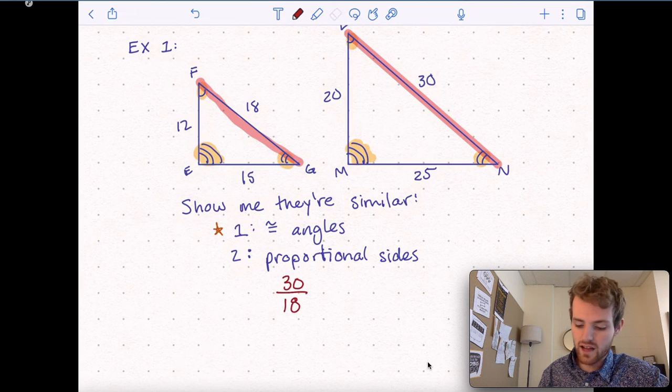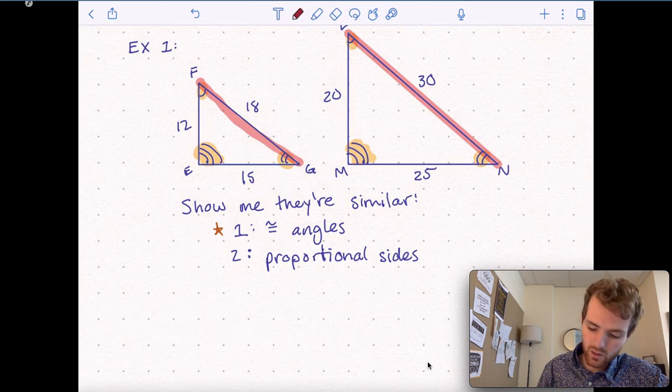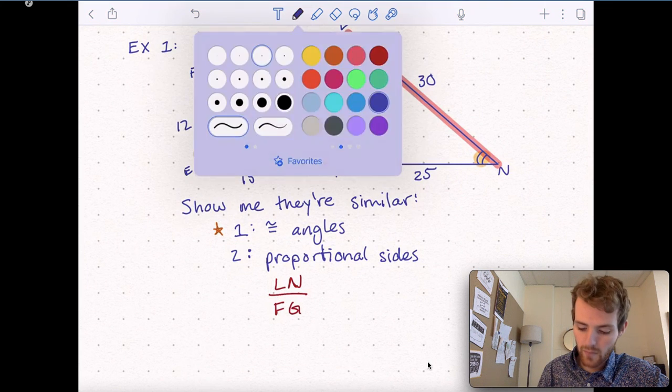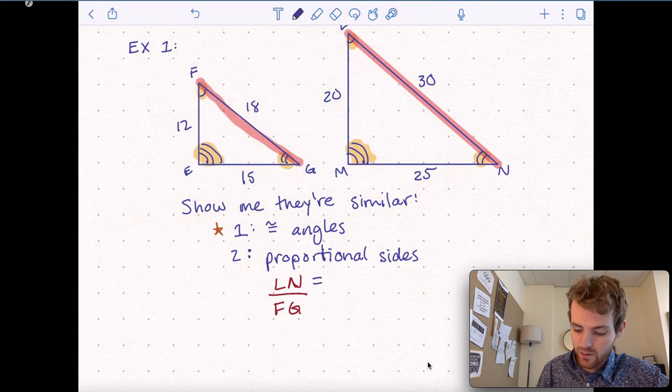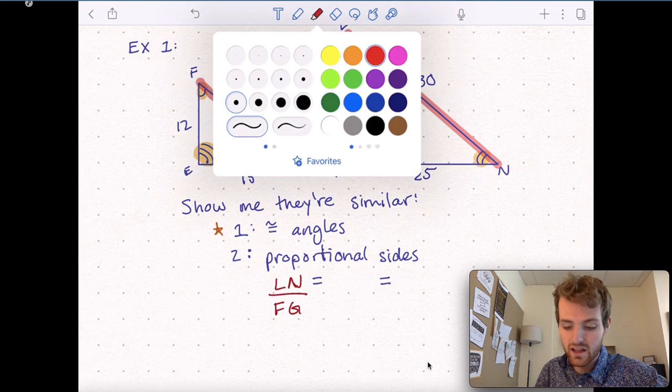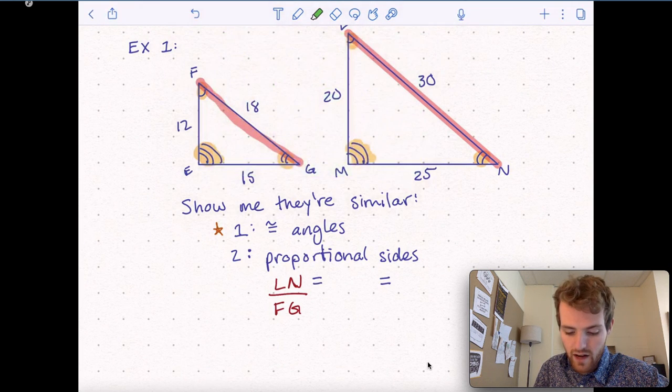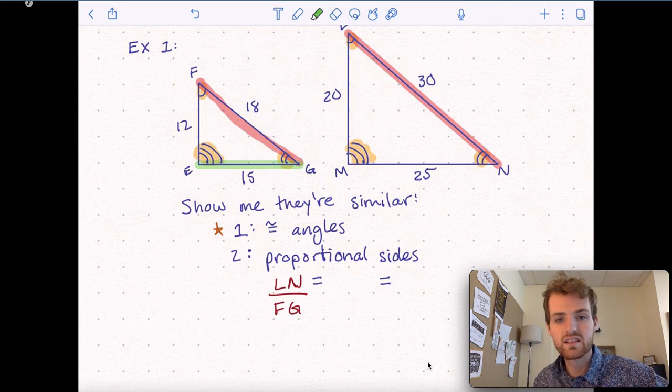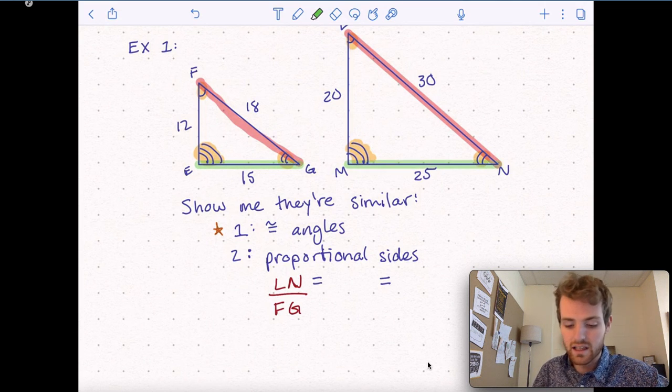Actually, before I write that, let me write it like this. We want LN over FG. I'm going to start by writing it this way. Well, when we say we want proportional sides, whatever our answer for LN over FG is, we want that to match the others. So if I look at EG, this side, that relates to MN.